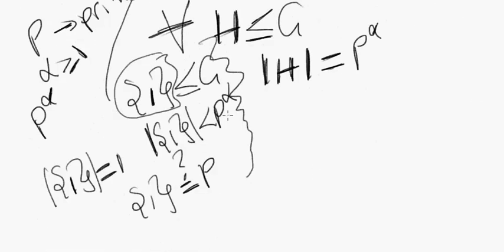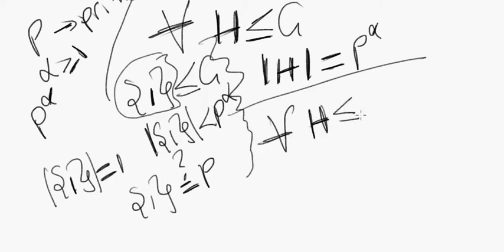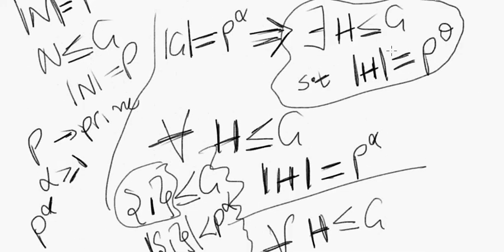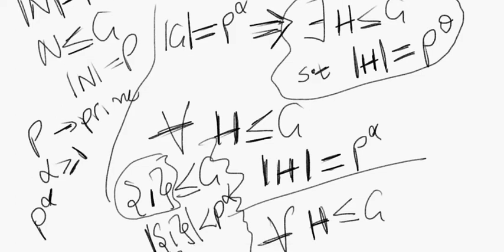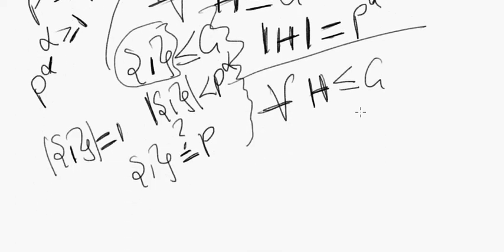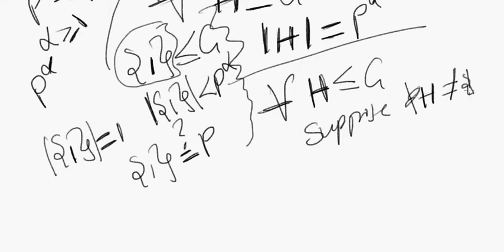So can we then say the following: for all H subgroup of G, what would it mean for the consequence to be true? Let's explore what it means for this statement not to be true, that there must be a subgroup of order p to the theta. So for all H subgroup of G, suppose H is not the identity subgroup.